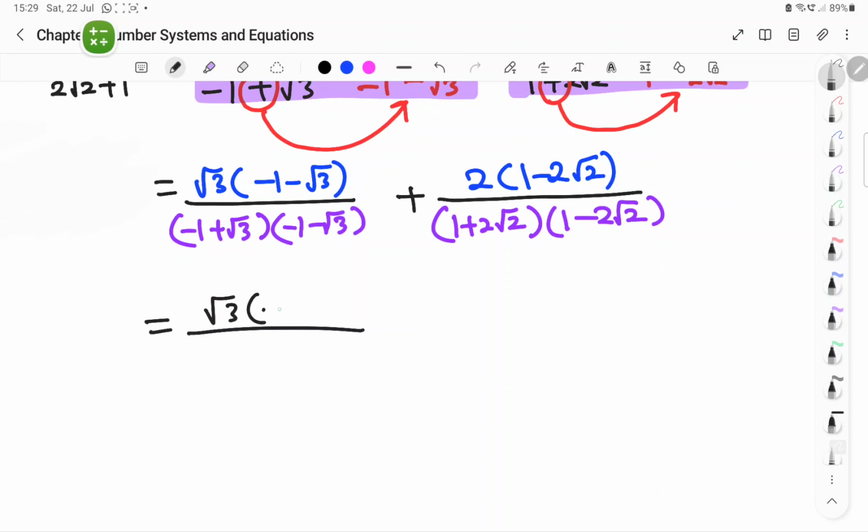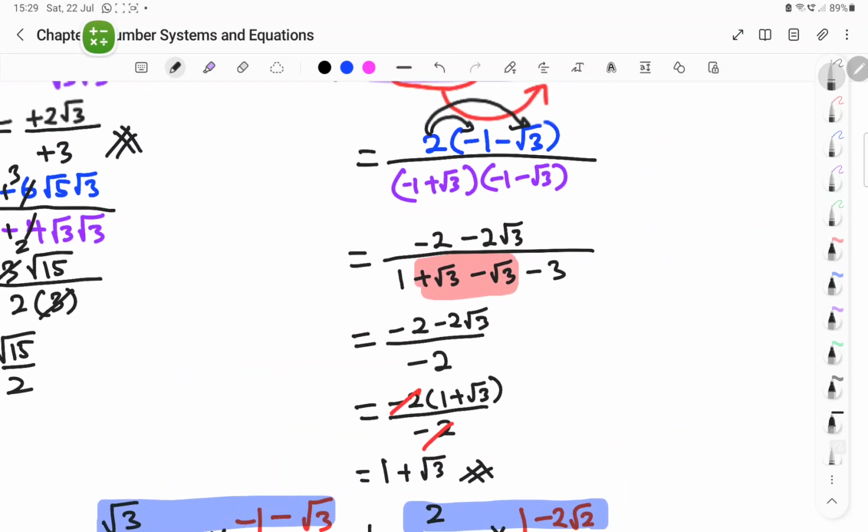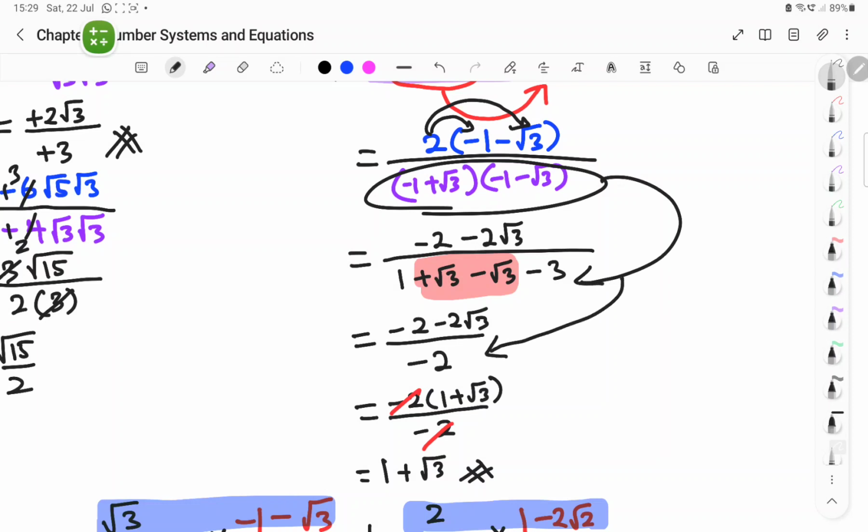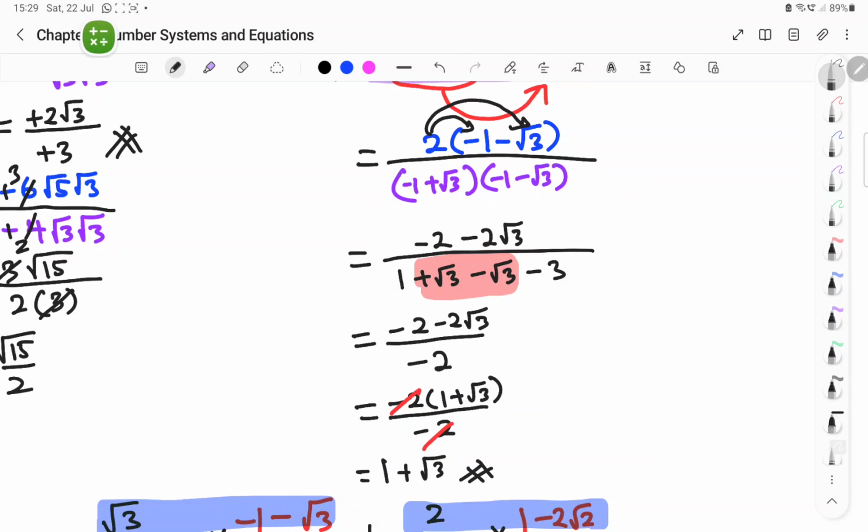Let's see. Because the previous one, we multiplied and then we needed to factorize. So this one, this multiplication is just the same as this one. As you can see, this one will be equal to this and will be equal to this. And what is the pattern that we can see?